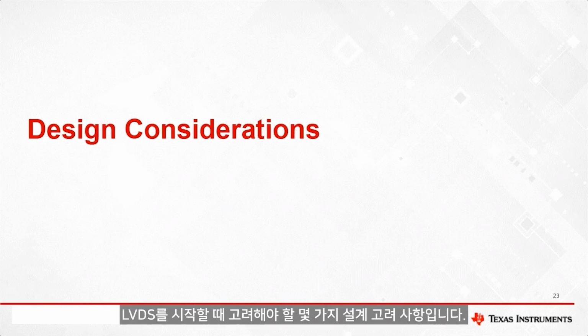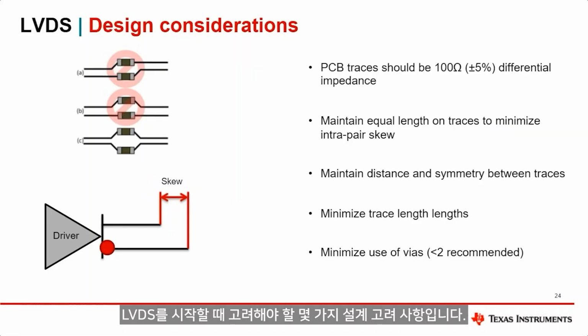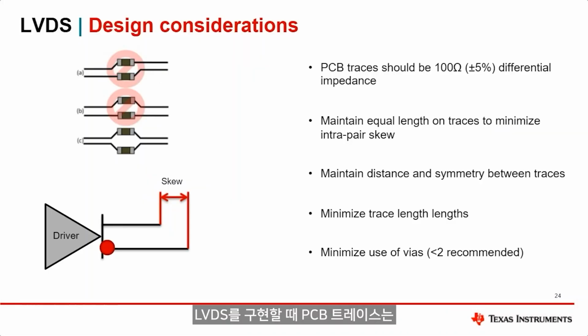So some design considerations for starting with LVDS. When implementing LVDS, PCB traces should be 100 ohm characteristic impedance. It's also important to maintain equal length and symmetry between the differential traces to avoid any intra-pair skew that could be added. If possible, minimize trace lengths as much as you can and minimize the use of vias.